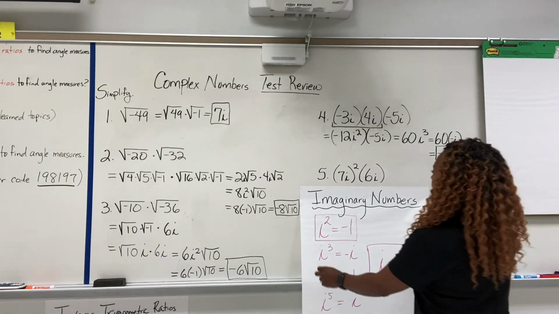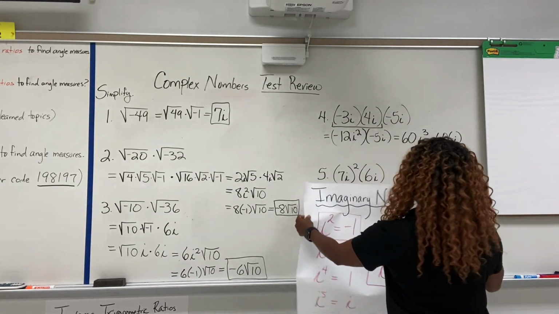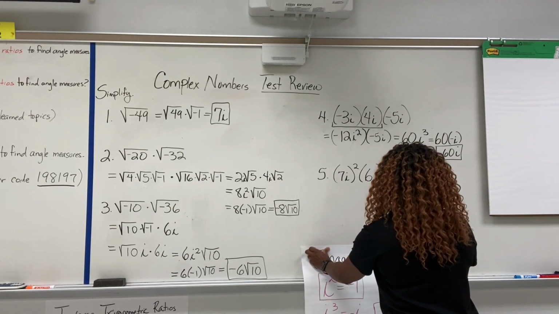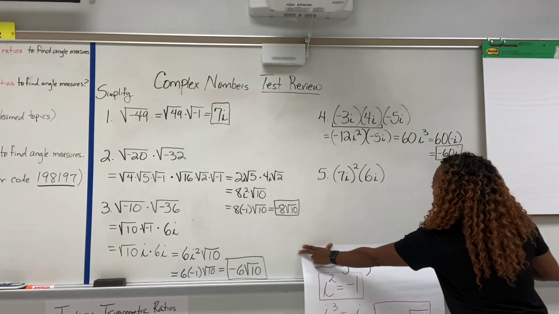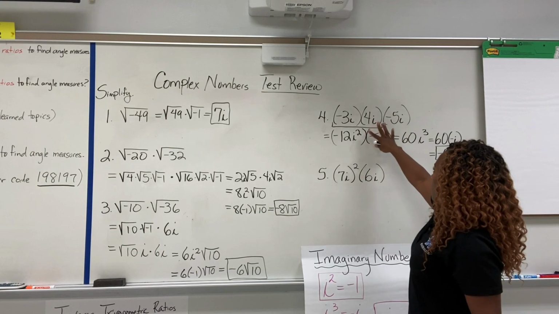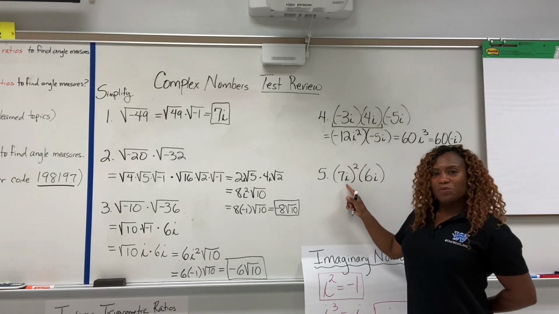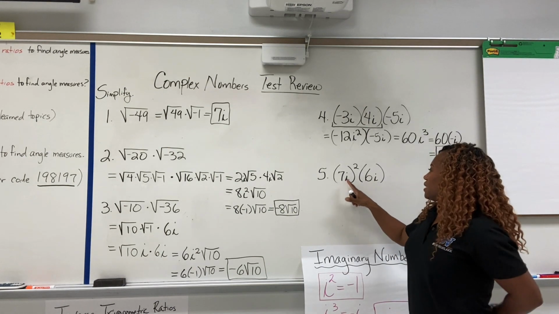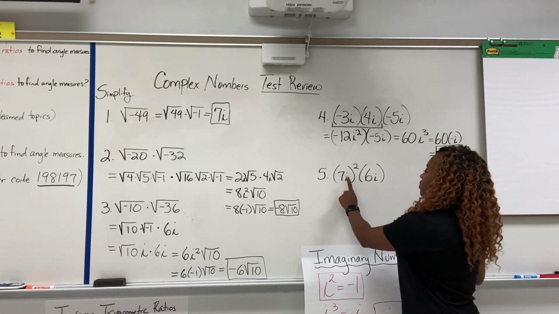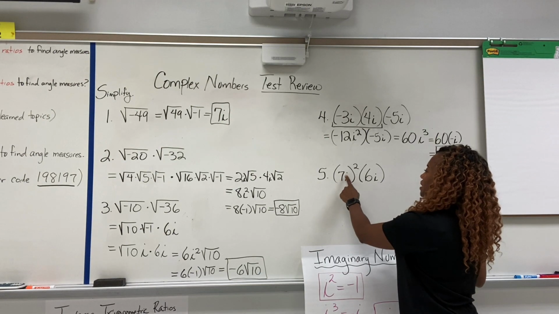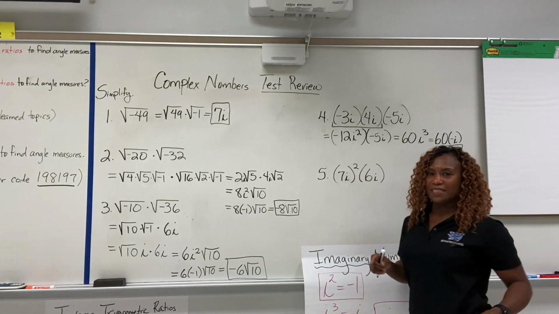Okay, and let's look at the last problem, number 5. Similar to this problem, except notice that we have one of our exponent rules going on here. We have a product to a power, because there's a product in here. 7i means 7 times i, and then it's raised to the 2nd power.